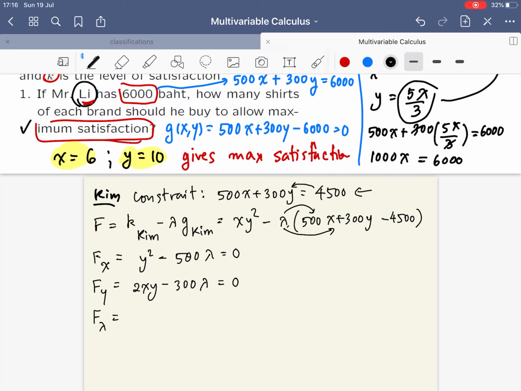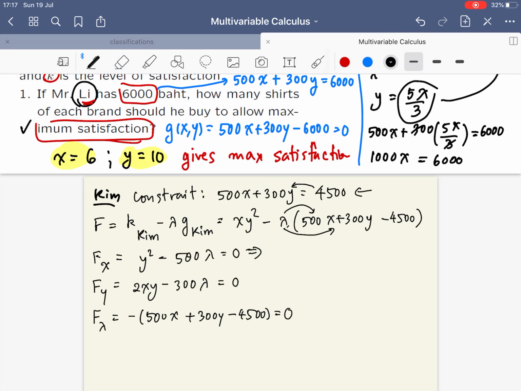And your f sub lambda is simply your constraint with a negative sign, make it equal to 0. Again, this depends on how good your algebra is.